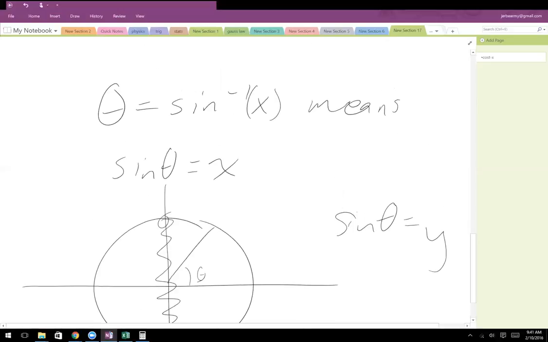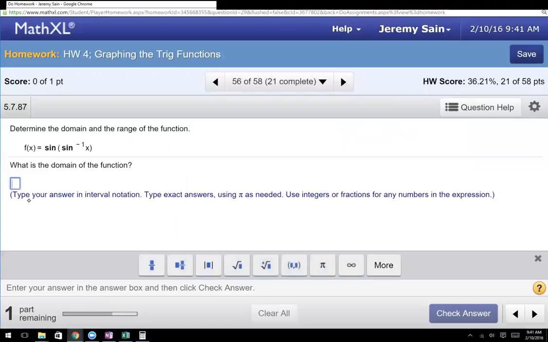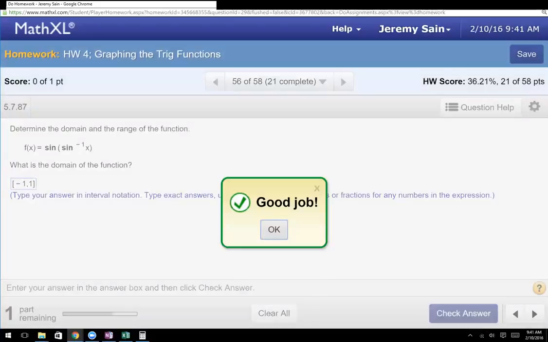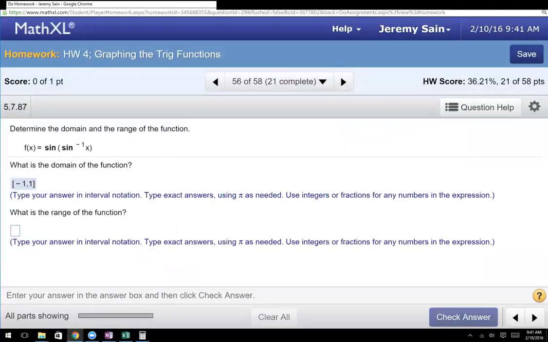So if I want to do inverse sine of anything, I can only do inverse sine of something between negative 1 and 1. So domain is from negative 1 to 1. Boom. We made that more complicated. And then what's the range?